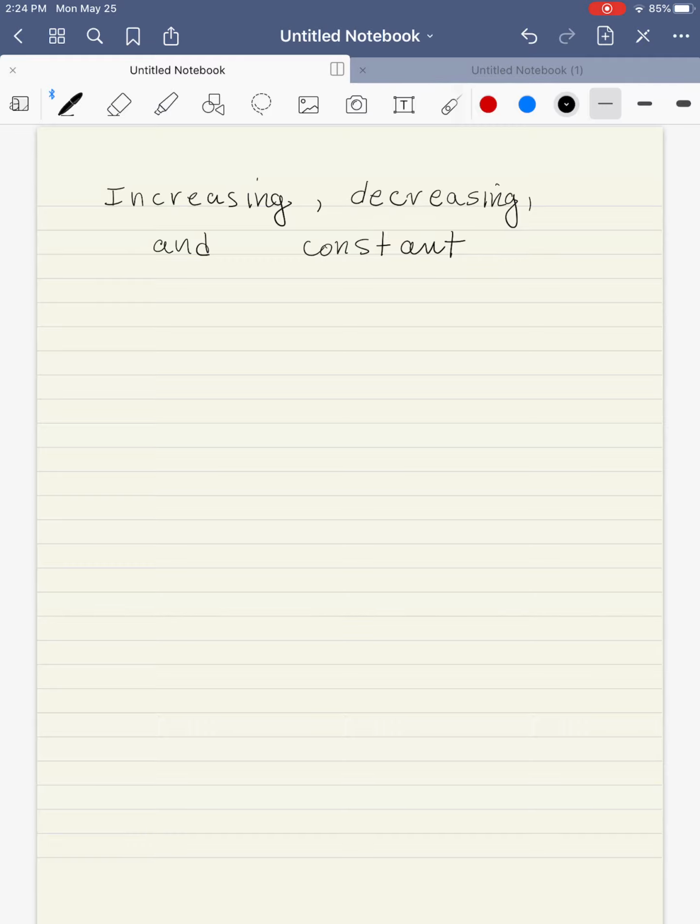What we're going to look at in this video is the concepts of increasing, decreasing, and constant, and we're also going to review the idea of domain and range. And we're going to learn a little bit more about interval notation, which just means the way of writing an interval.